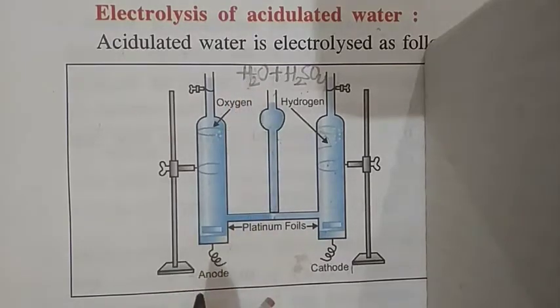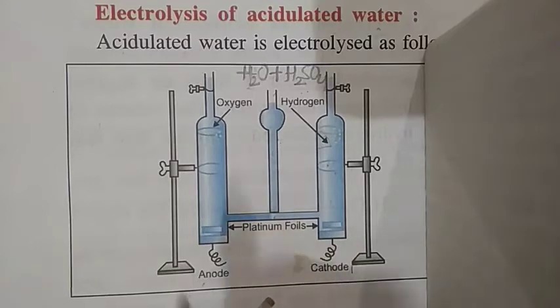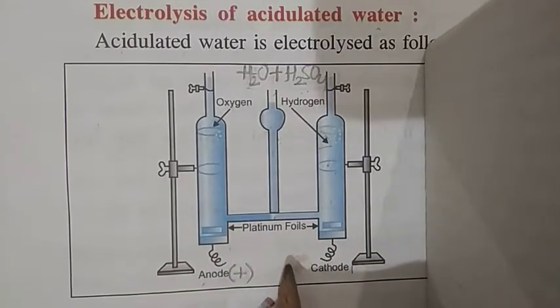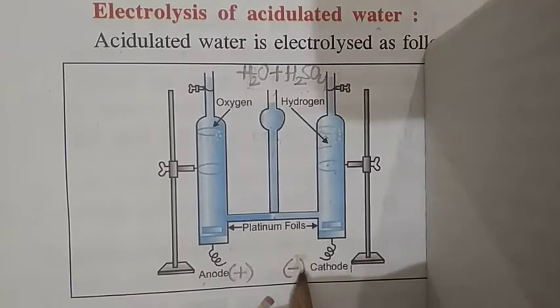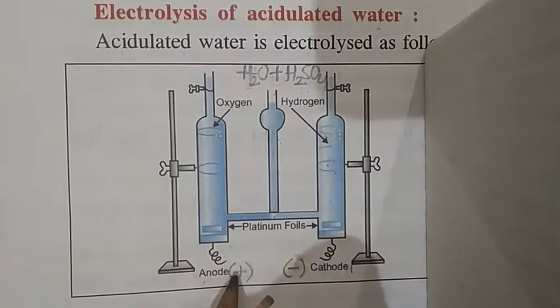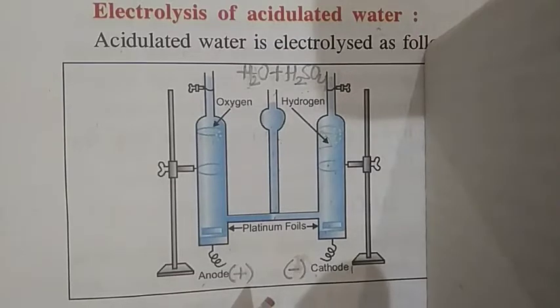As I have already told you, the anode is an electrode connected to the positive terminal of the battery, and the cathode is connected to the negative terminal of the battery. Through the anode, electric current enters the electrolyte, and through the cathode, electric current leaves the electrolyte.